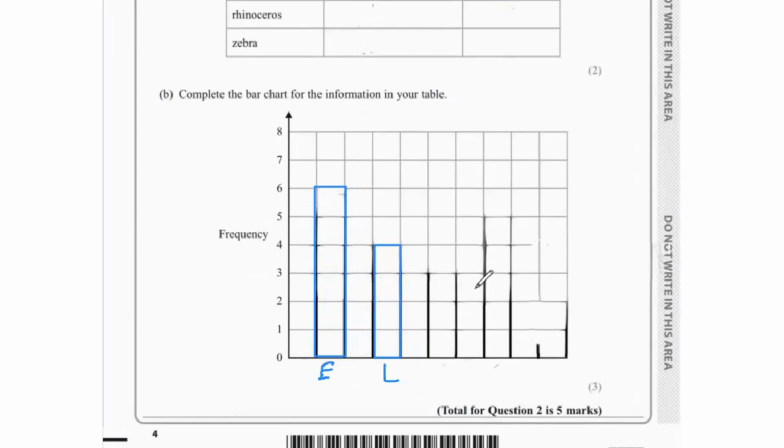And then for buffaloes, it's 3. For rhino, it's 5. And for your zebra, it was 2. So you just label it like this, and that's your bar chart.